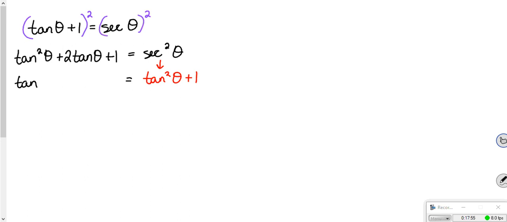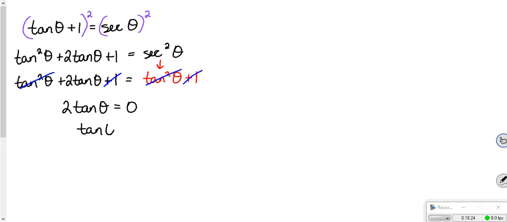So now, this is what we have. Okay, well, what's nice here is that my 1's are going to cancel on either side. My tan squared thetas are going to cancel on either side. All I'm left with then is that 2 tan theta equals 0. So that means tan theta equals 0.